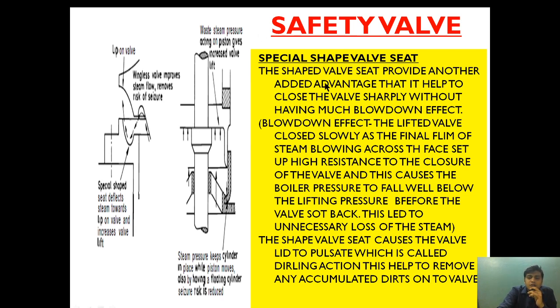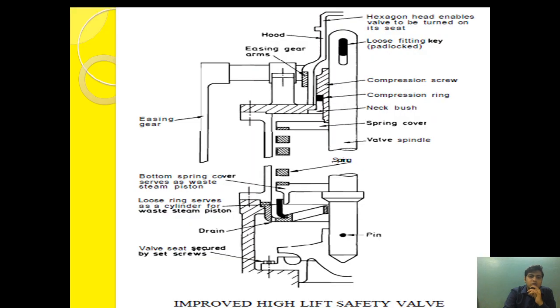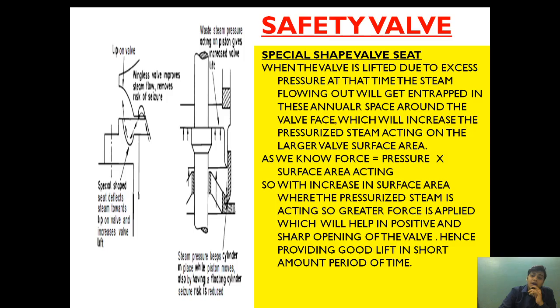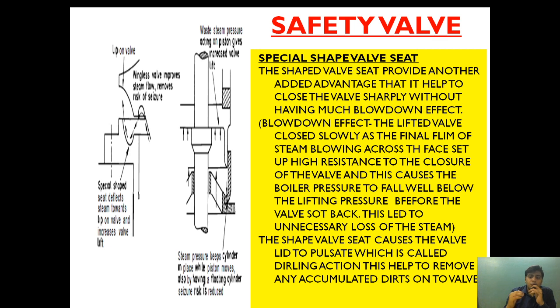The separate valve seat provides another advantage: it helps to close the valve sharply without much blowdown effect. So a special valve seat has two advantages. The first advantage is that it helps the steam act on a large surface area, providing sharp opening. It also helps to provide sharp closure and prevents the blowdown effect. What is the blowdown effect?